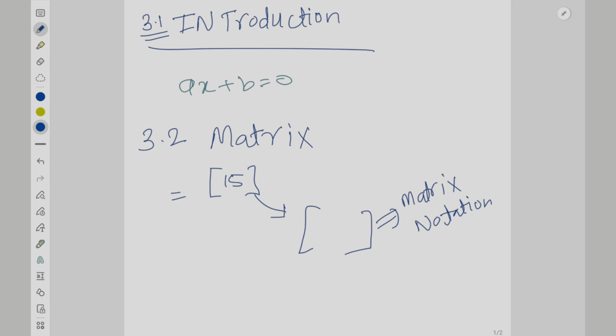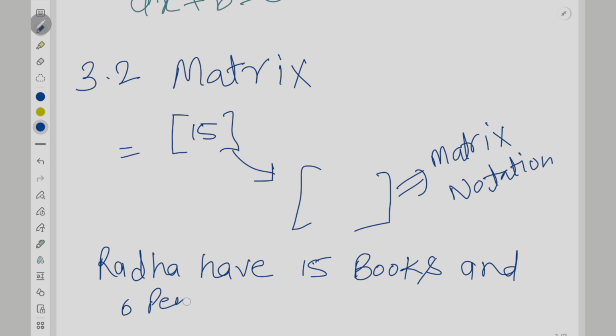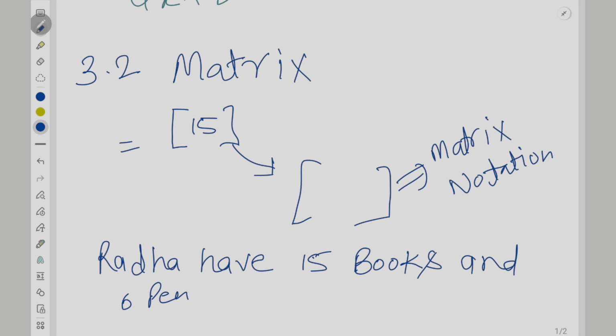Now if we express that Radha has 15 books and 6 pens, we will represent it like this: 15 books and 6 pens.